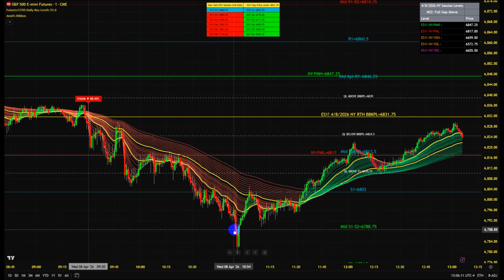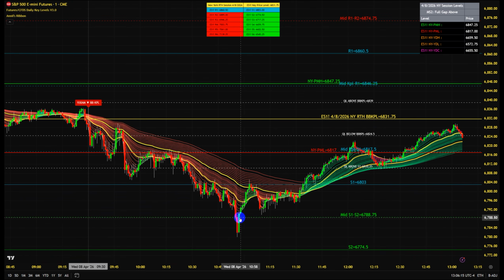Now, with a 1.5 level move in your favor, you have a couple of different options available that are different than the scalp. So on the scalp, it's exit only, no stop loss adjustment. On a regular trade, you have several different options available.